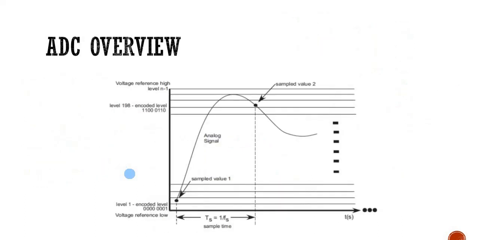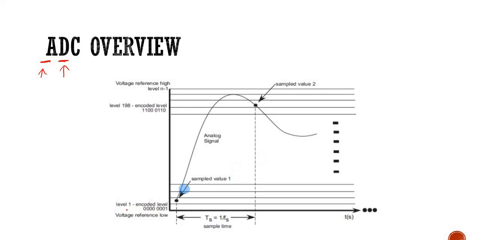So let's have an overview of ADC operation. ADC, analog to digital conversion, basically means that we have an analog signal and we want to convert it to a digital one. As we know, analog signals basically have an infinite range of values, in the sense that they keep on changing, correct? Whereas digital values are very finite.